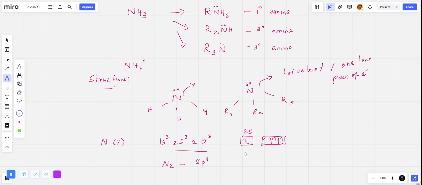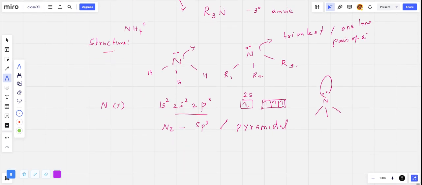Then it has a pyramidal structure, because nitrogen has one lone pair, so the shape looks pyramidal.